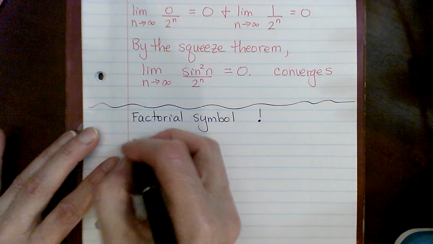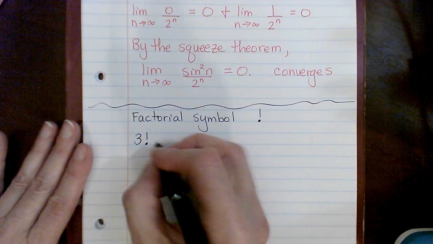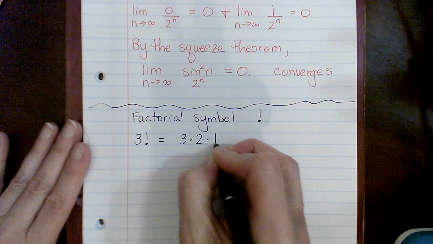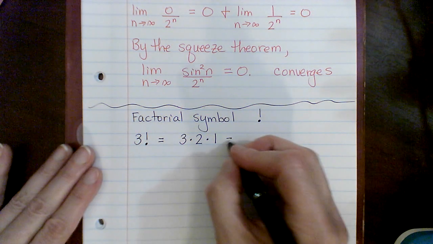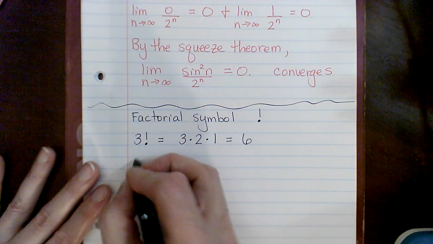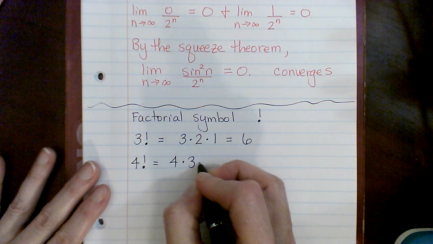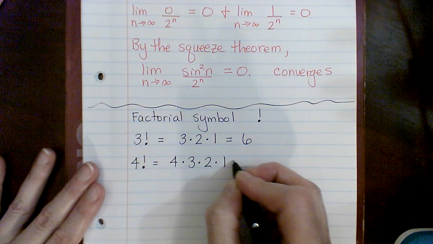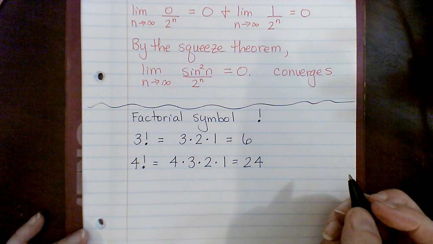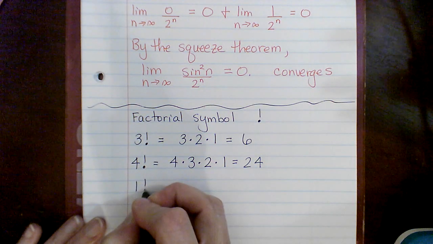So 3 factorial is the abbreviation for 3 times 2 times 1. So 3 factorial is the same as the number 6. 4 factorial then would be 4 times 3 times 2 times 1, which is 24. Right? 1 factorial would just be 1.